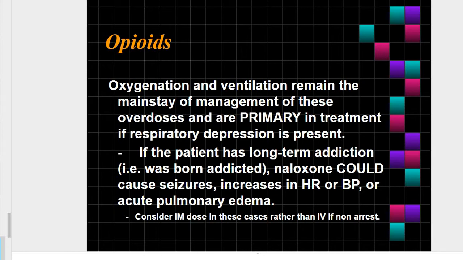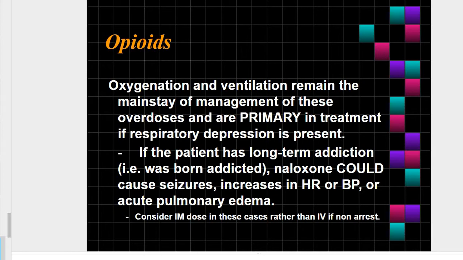If the patient has a long-term addiction, which in our pediatric patients is probably because they were born addicted, or there's some reason they've gotten involved in it somehow, well, heck, even our school-age children now are getting hold of this stuff. So I guess even your school-age children can have a long-term addiction to opioids now.